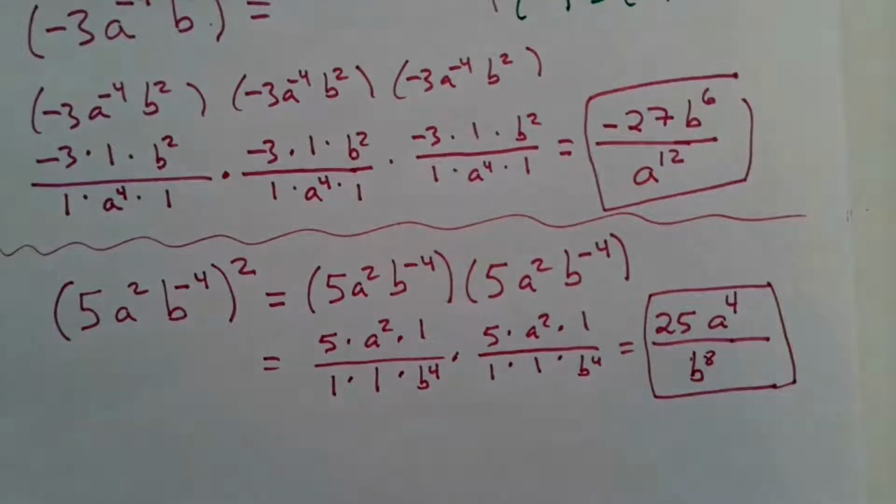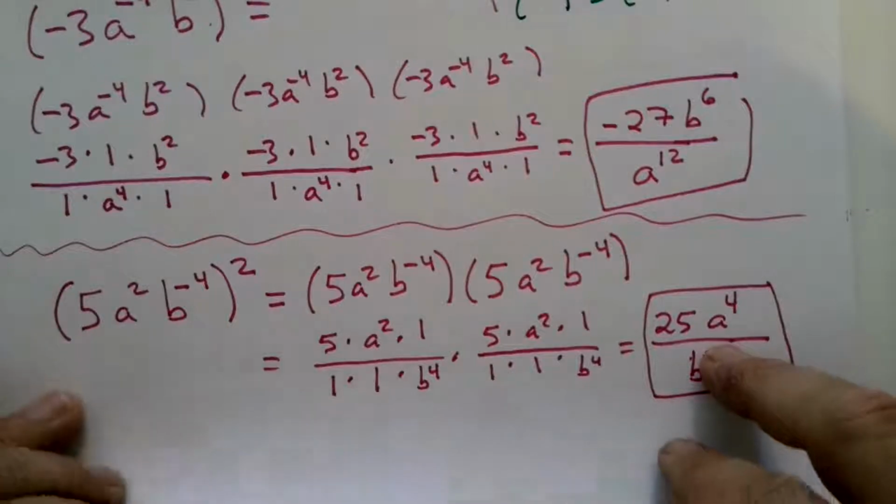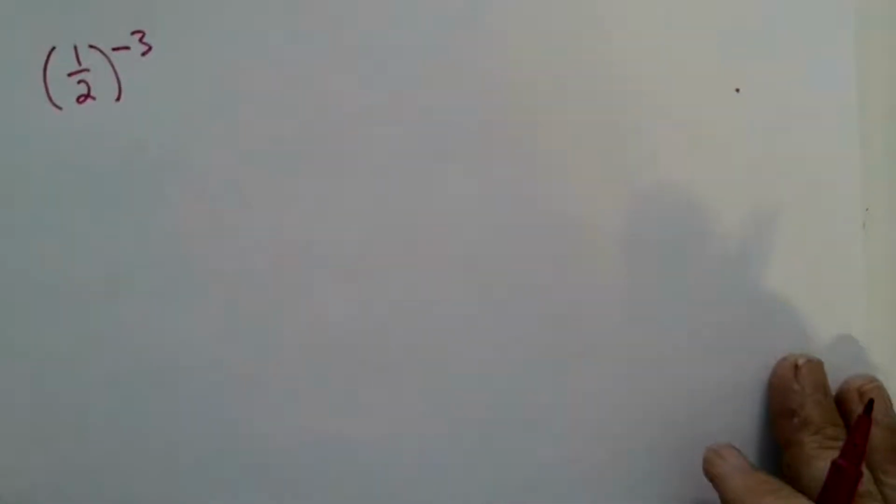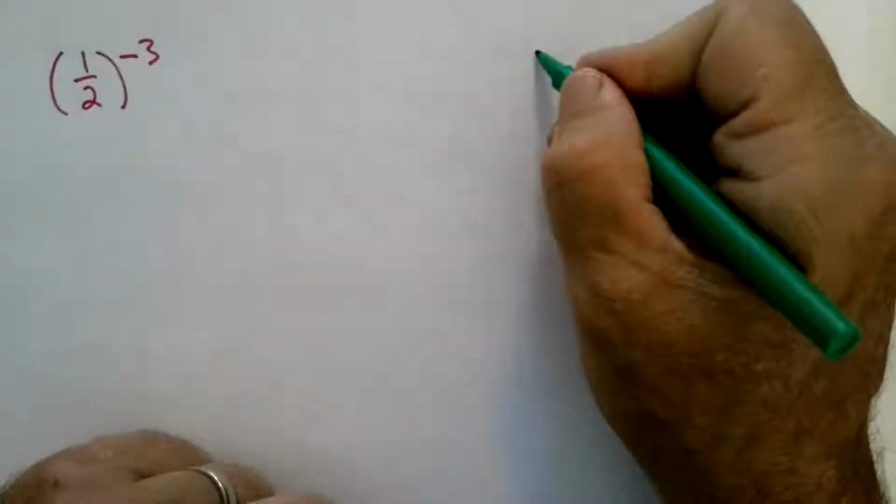So let's jump to another kind of problem. Let's take a look at the following. Let's look at 1/2 to the -3rd power. So we need to think about how we're going to do this. Let's remember how x to the -3rd power works.